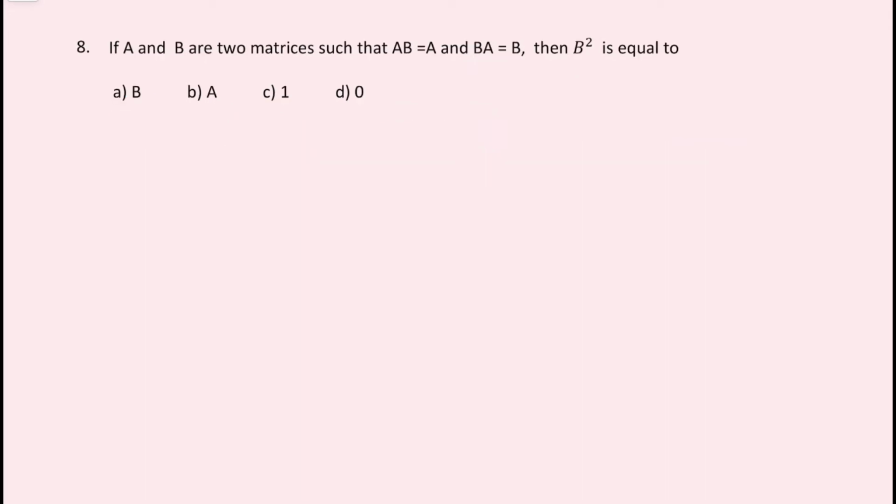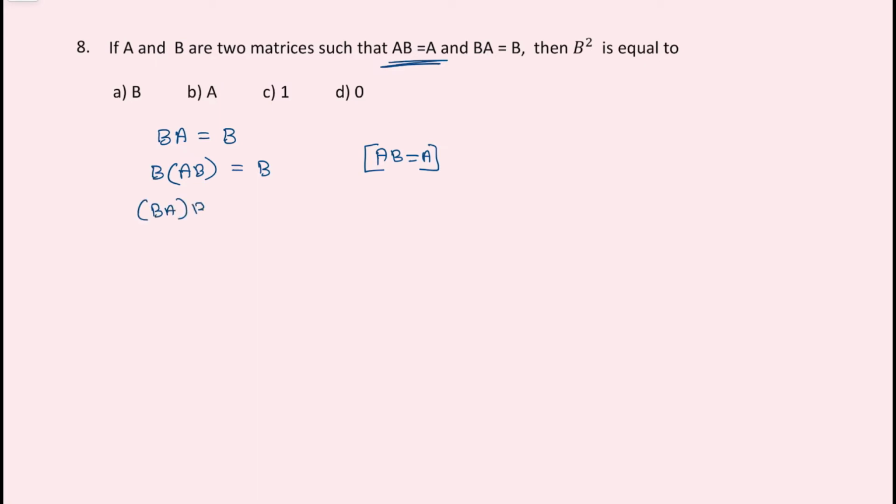Question 8. If A and B are two matrices such that AB is equal to A and BA is equal to B, then B square is equal to. So we have to calculate B square. We will take this equation, BA equal to B. B times, let us substitute for A from the first given equation, which is AB, because it is given that AB is A. Let us use the associative property.